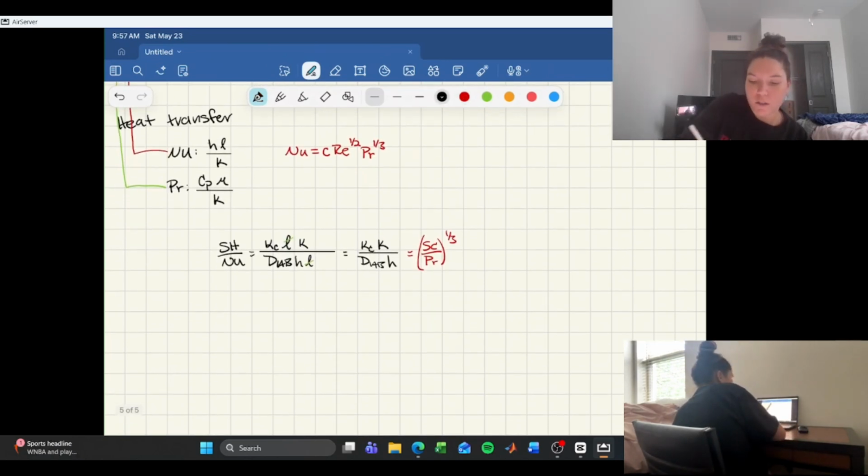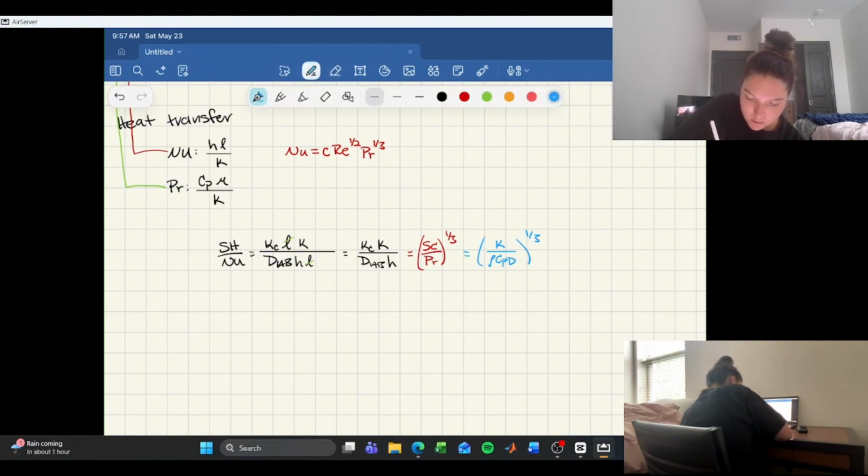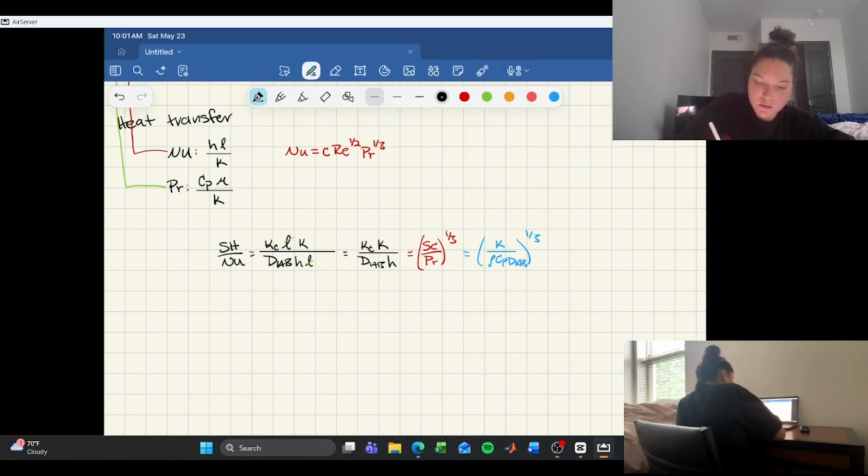This is equal to the Lewis number, which is the thermal conductivity over density times heat capacity times the diffusion coefficient, all to the 1/3. Sorry, I said mass transfer coefficient, but it's actually the diffusion coefficient. So the Schmidt number over the Prandtl number is the Lewis number.